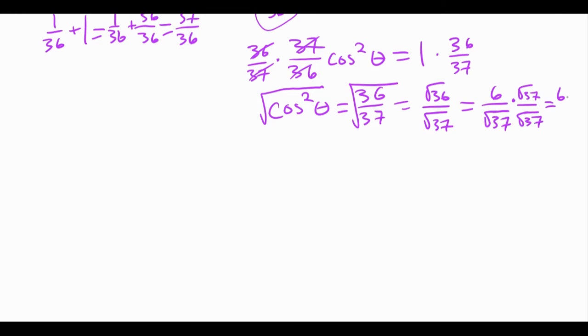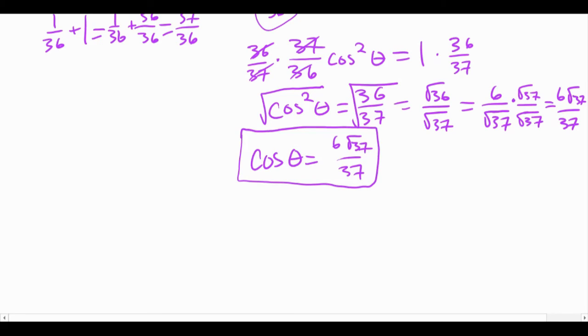So that gives me 6 root 37 over 37. And boom, that is what cosine of theta is equal to: 6 root 37 over 37. Again, just like our other trig identity, we're going to have to figure out if that's positive or negative, but we're going to come back to that.